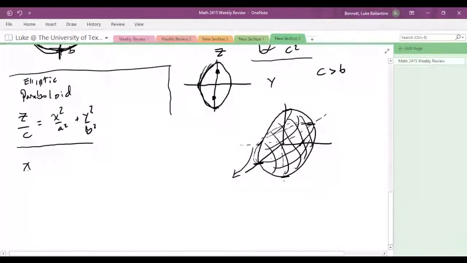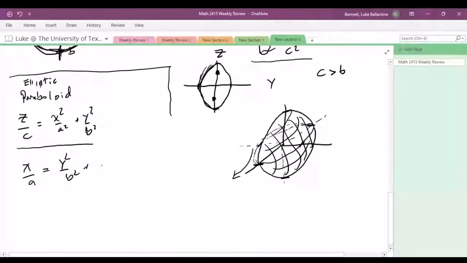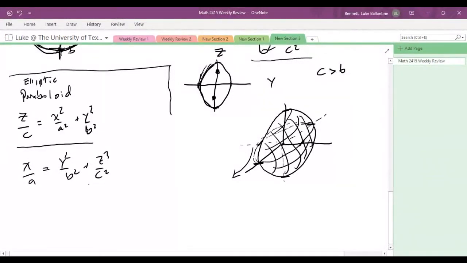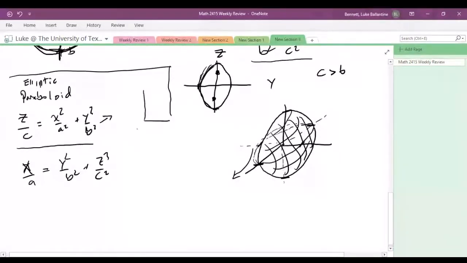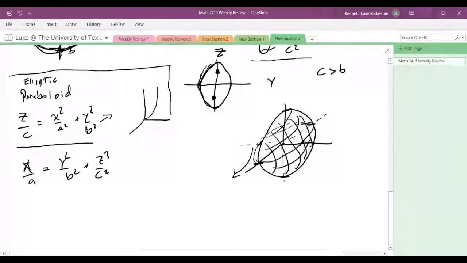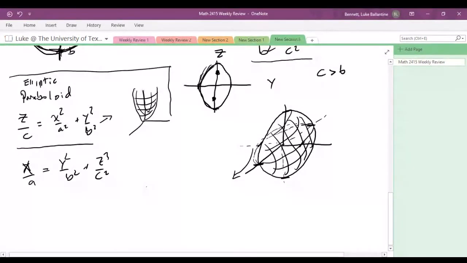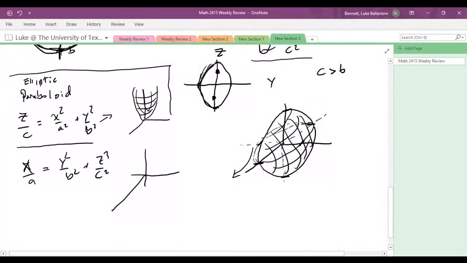Sometimes you might have x over a equal to y squared over b squared plus z squared over c squared. Then we know it's going to be engulfing the x-axis. With this picture, it's engulfing the z-axis. We have parabola, parabola, and then the other trace would be a parabola as well, but I'm not going to draw it. It's just eating up the z-axis. Over here we have it eating the x-axis.